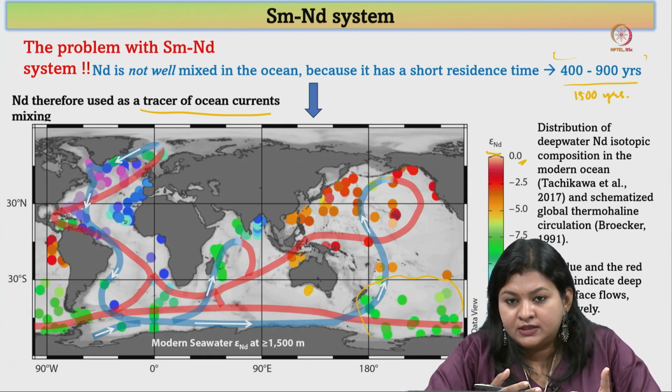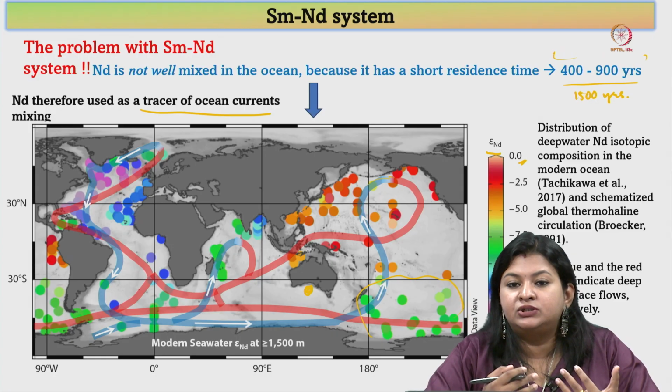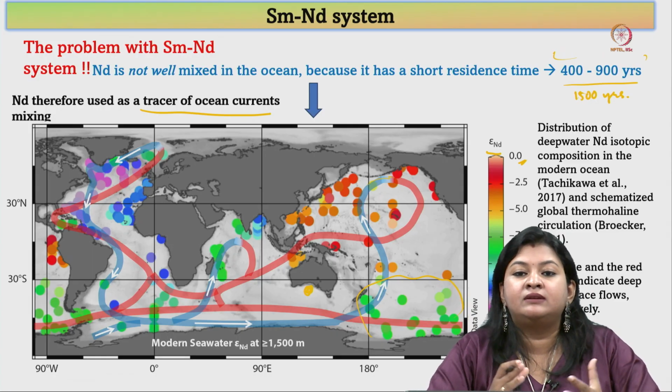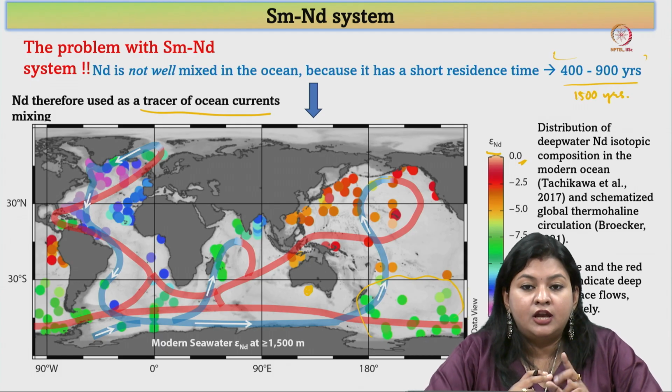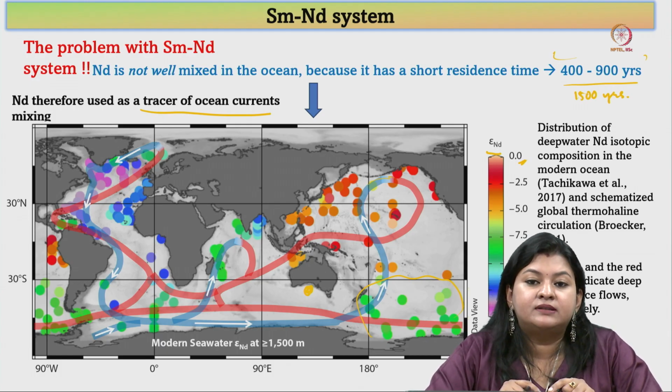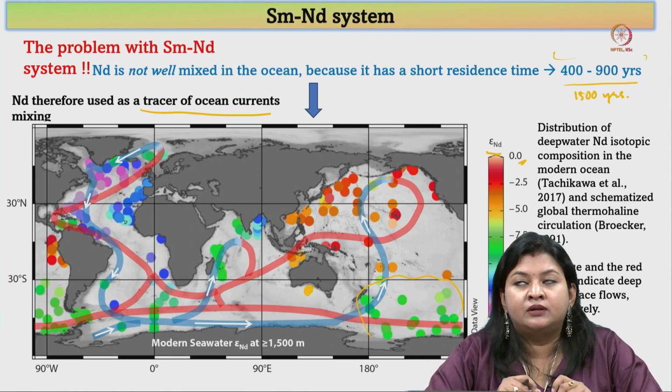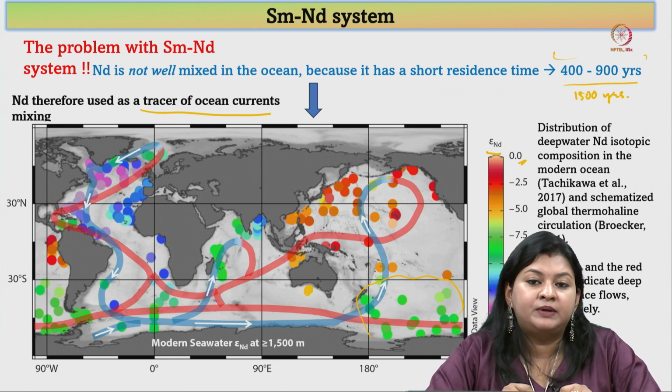If you are looking at concentrations of sodium, magnesium, calcium and all these values, and even trace metal values, they might not give you any confirmative information. But isotopes give us very trustable information.